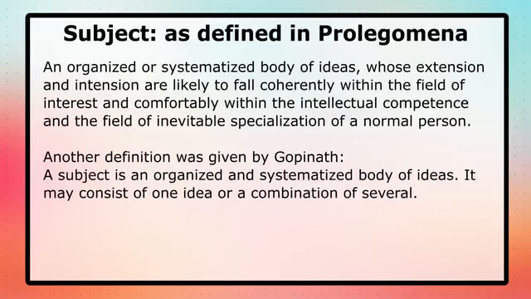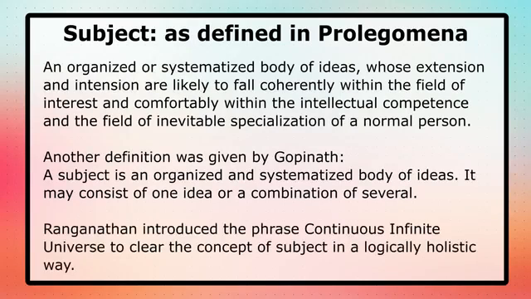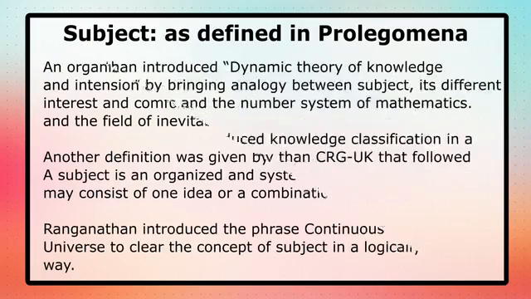Another definition was given by M.A. Gopinath, that is, a subject is an organized and systematized body of ideas. It may consist of one idea or a combination of several. Now, Ranganathan introduced the phrase continuous infinite universe to clear the concept of subject in a logically holistic way.